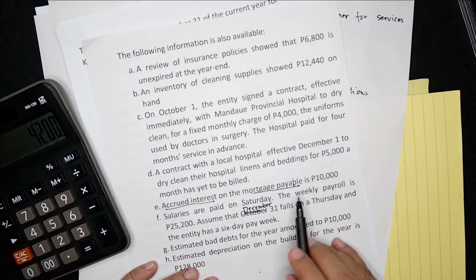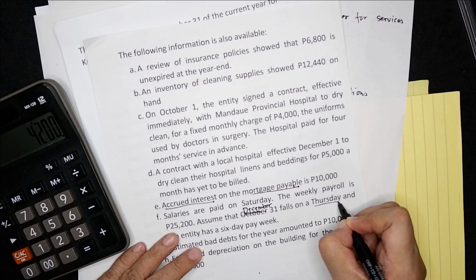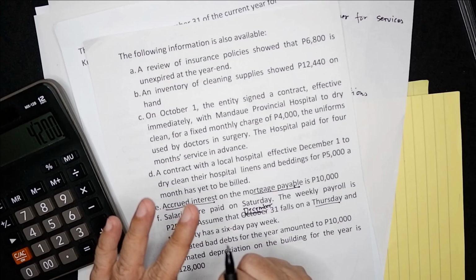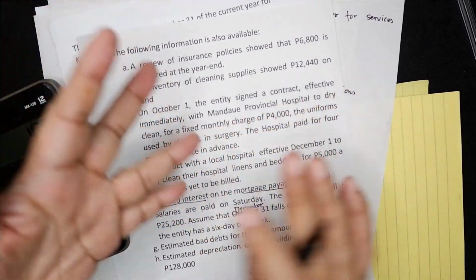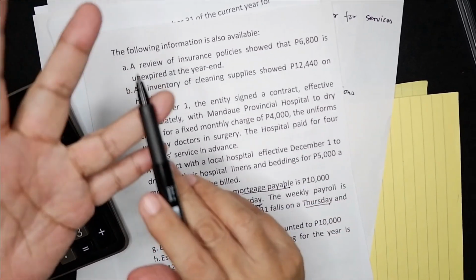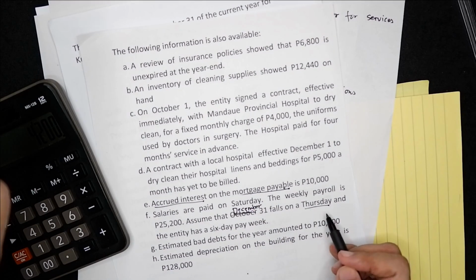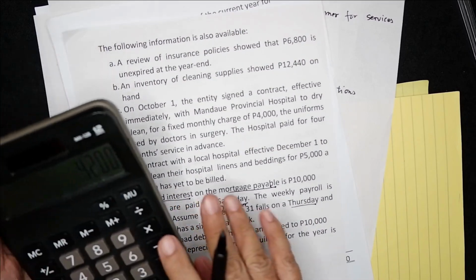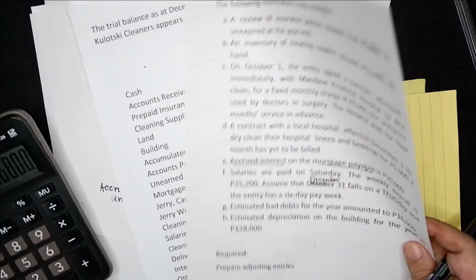So that is Thursday. So 4 days were unpaid. That is Monday, Tuesday, Wednesday, Thursday, because December 31 falls on Thursday. So we have 4 days unpaid, times 4. So that is 16,800.